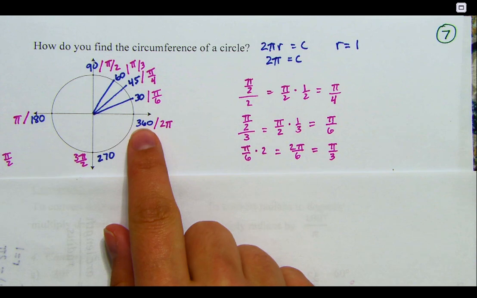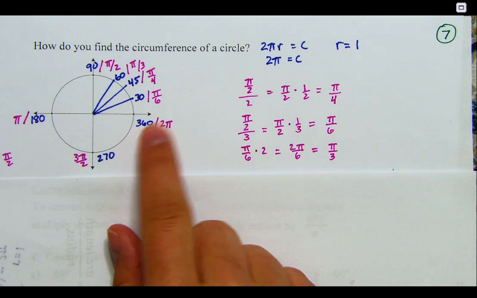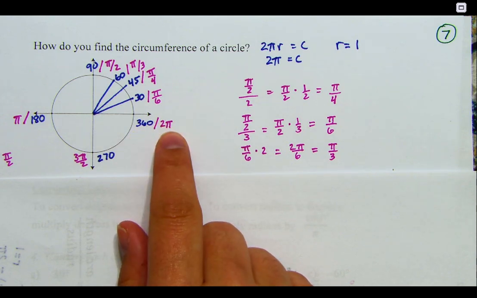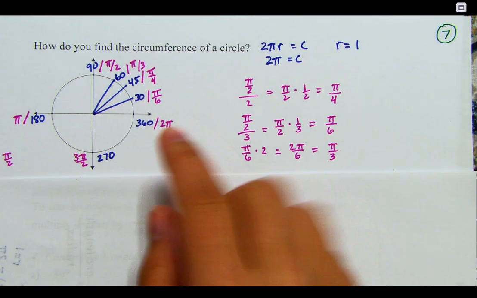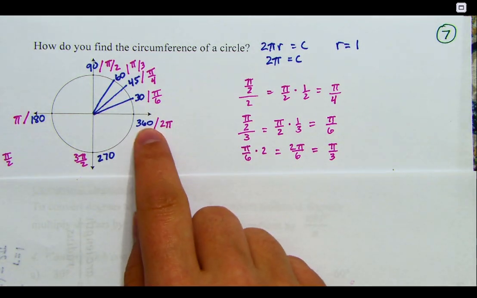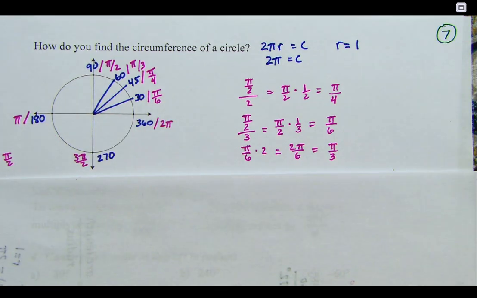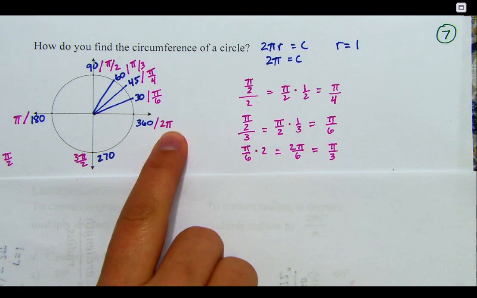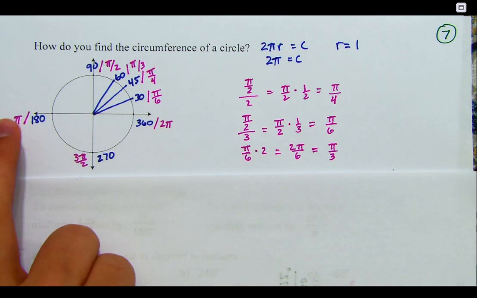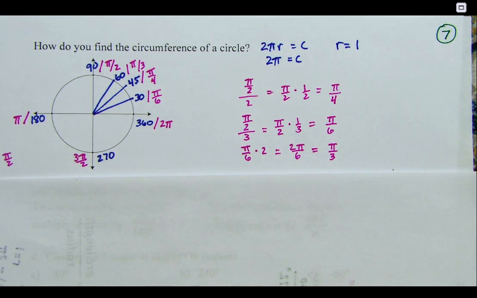So that means 360 degrees is equal to 2 pi radians. If we cut 360 in half, that gives me 180. And doing the same thing to the radian, I'm just dividing 2 pi by 2, and I'm left with pi. So pi and 180 are equivalent radians and degrees. Those things mean the same thing.